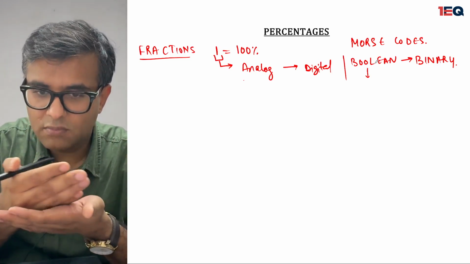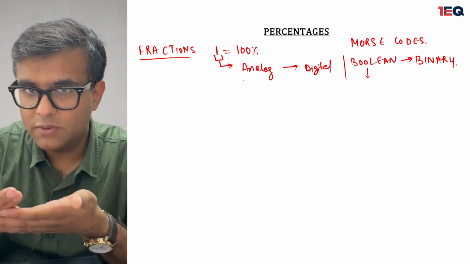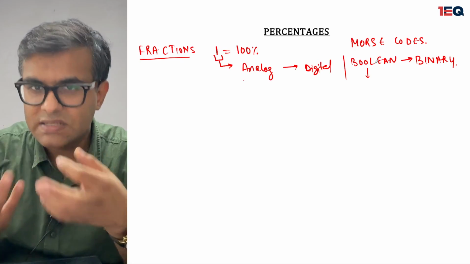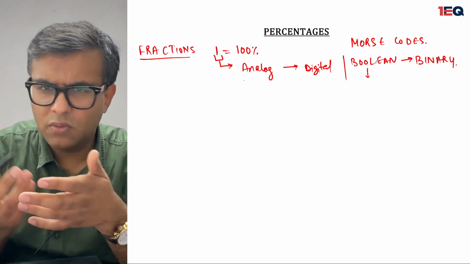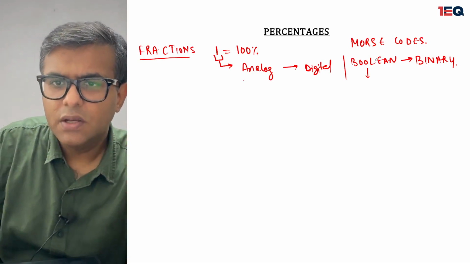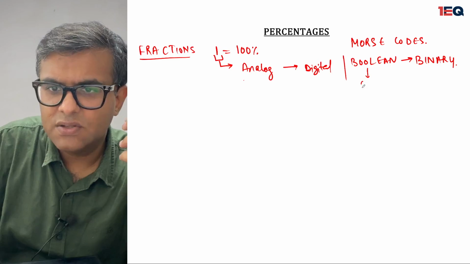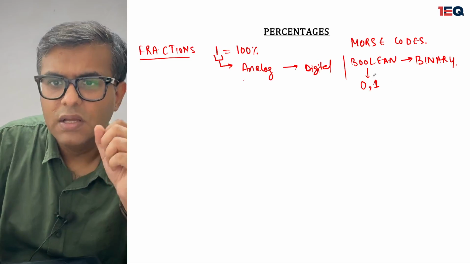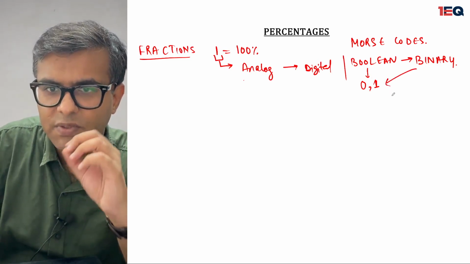The entire mathematics which I'm going to teach is going to be a little verbal. You might be able to pick up and solve questions without even using the pen. So Boolean algebra is based on 0 and 1. This is the binary system it works on.